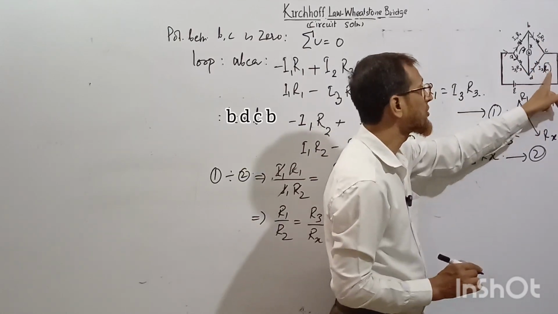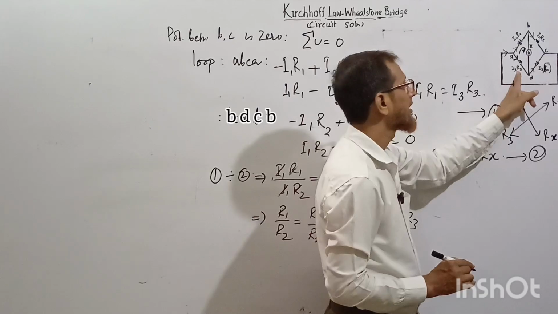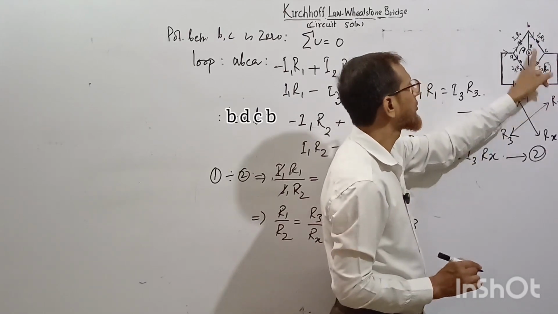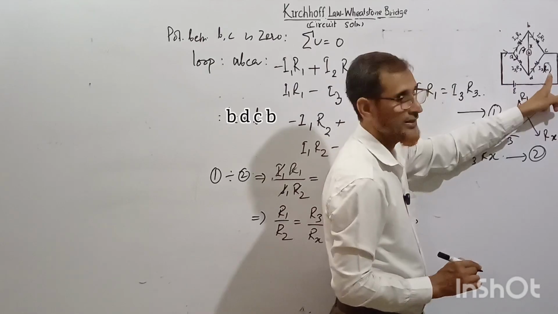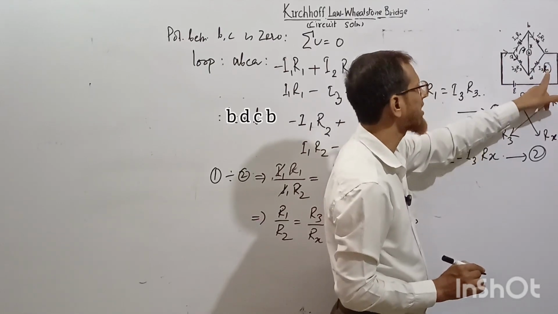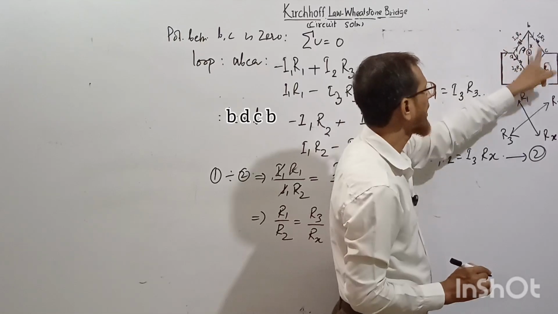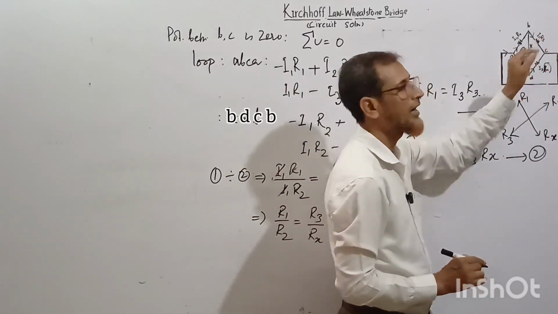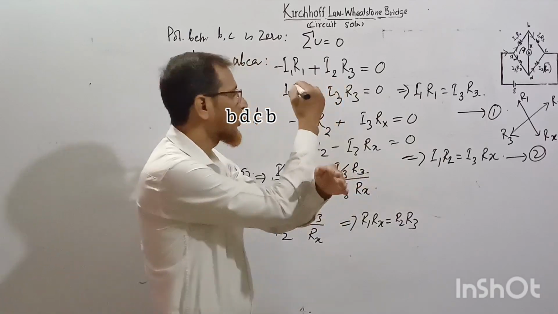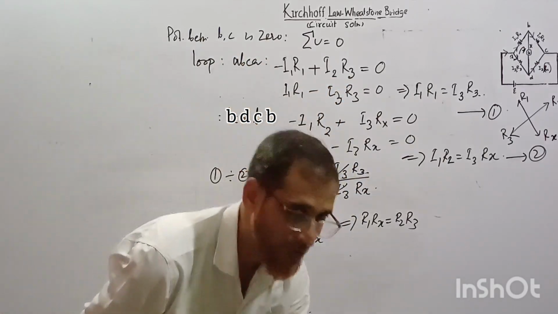So the unknown Rx will be adjusted in such a way that the value R1 Rx will be equal to R3 and R2. So that has a diagonal relationship of multiplication values.